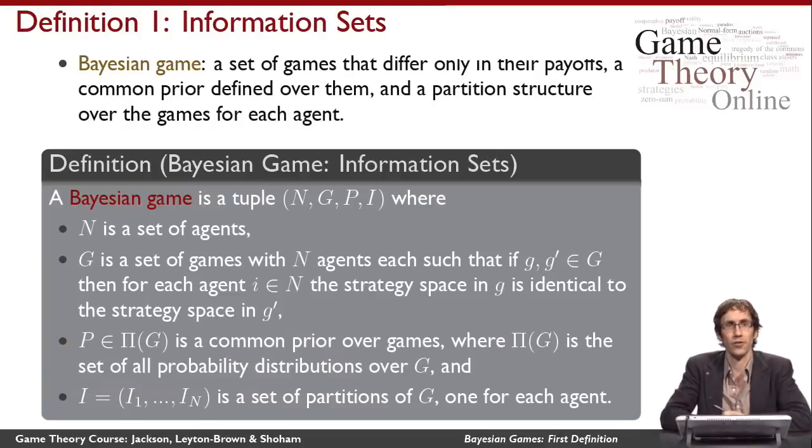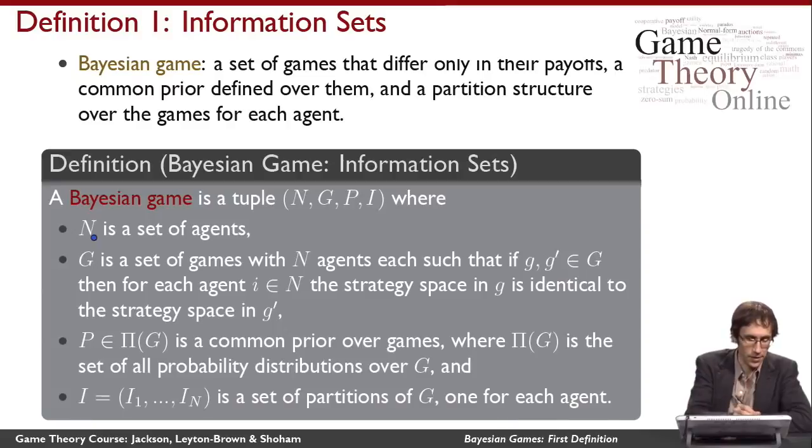So here's one definition of Bayesian games in terms of information sets. A Bayesian game is a set of games that differ only in their payoffs, also a common prior defined over these games, and a partition structure over the games for each agent. So in other words, a Bayesian game is defined by 4 elements.